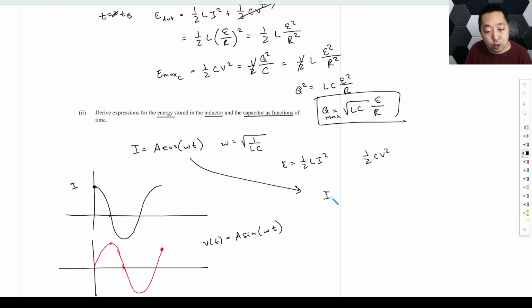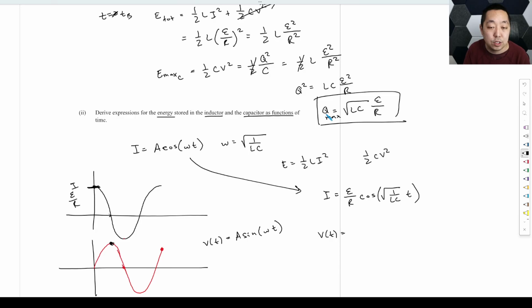The current we're going to start off with is epsilon over R. That's the maximum current right when we started. So the current is epsilon over R times cosine of square root of 1 over LC times t. And now the voltage as a function of time is going to be based on the maximum voltage, and we can figure it out here. We didn't solve for the Vmax, we solved for Qmax.